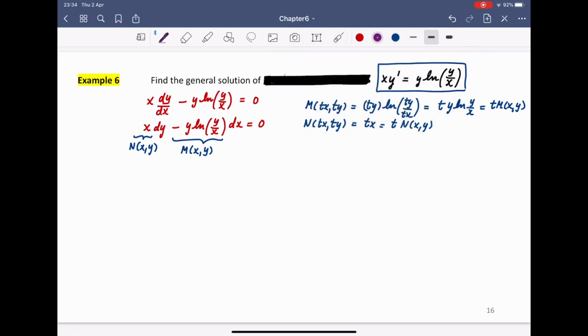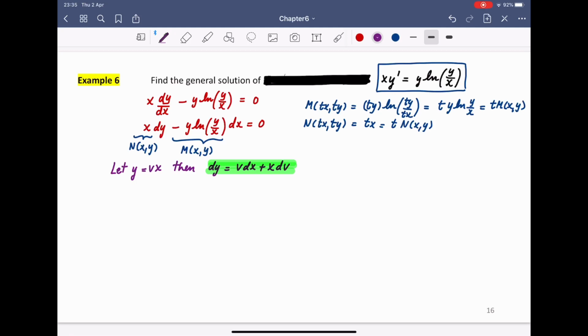Then we're going to make a substitution. Let y equal to v times x. Let's see what happens here. Then we have dy equal to v dx plus x dv. And as before, we are going to plug this into the original equation and see how it goes.